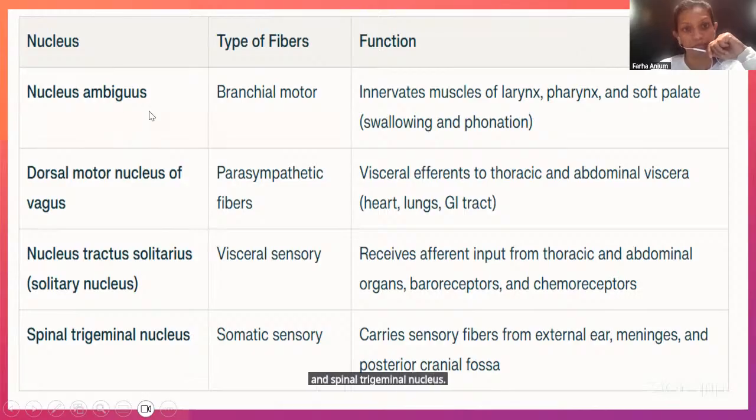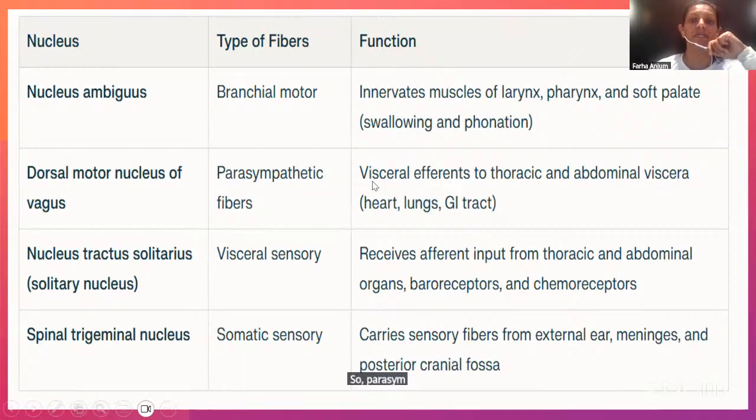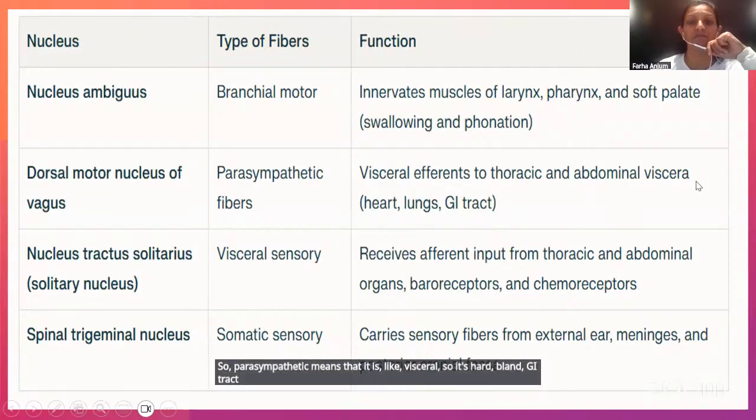Nucleus ambiguus carries branchial motor fibers which innervate the larynx, pharynx, and soft palate, and is responsible for swallowing and phonation. The dorsal nucleus gives the parasympathetic fibers, meaning visceral innervation to the heart, lung, GI tract, and different abdominal viscera.